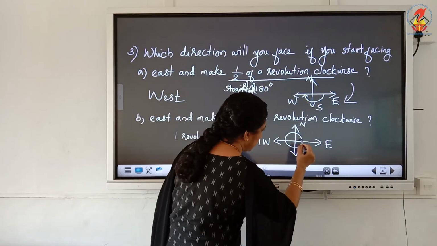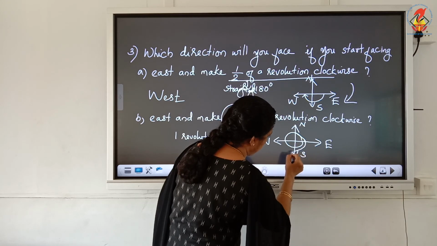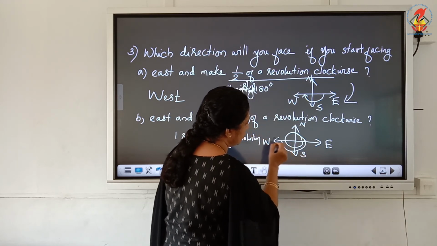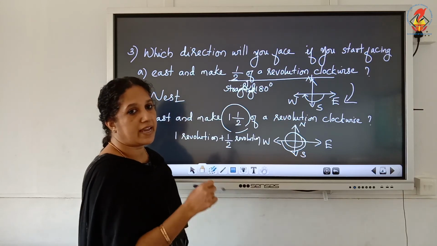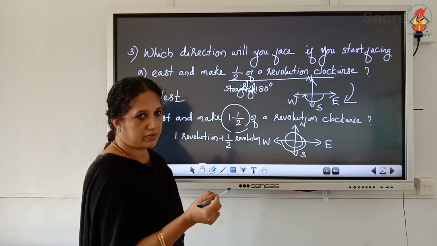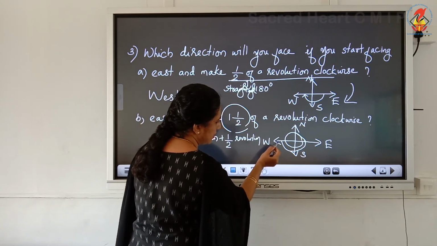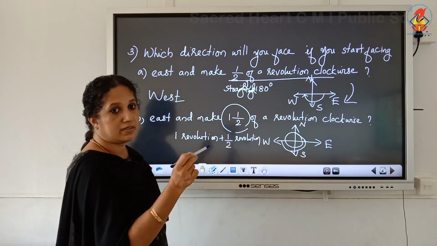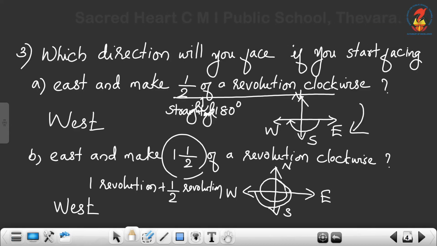When you take a half revolution, you turn an angle of 180 degrees. Therefore, where will you reach? You will reach west.